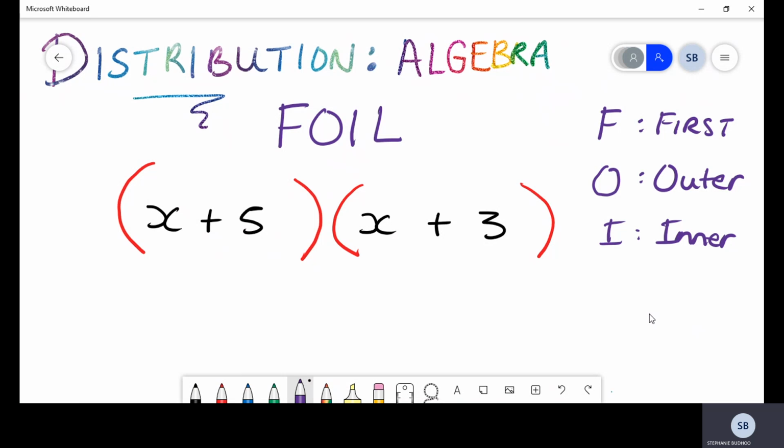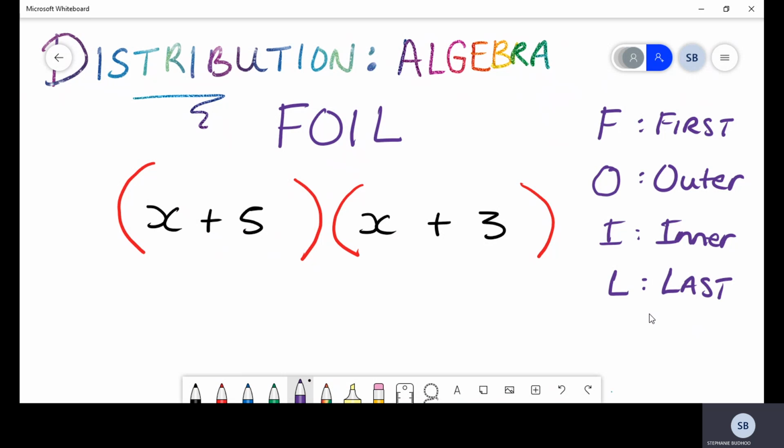What's missing? First, outer, inner. That's correct. L stands for last. So FOIL is an acronym which simply represents the words first, outer, inner, last.